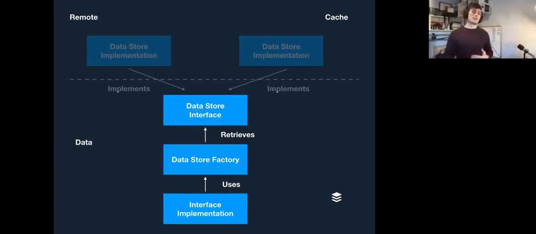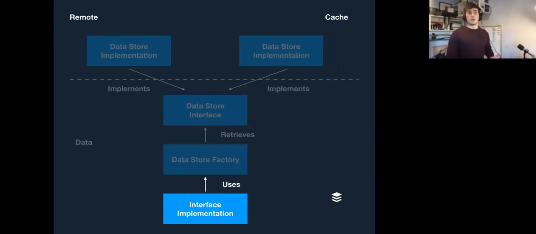So our data store factory is going to return us this interface for our bottom class to use to access a data source, but again, not knowing where that data is coming from, which is where we have either the caching layer or the remote layer. And again, the class at the bottom here doesn't know the source of that data because it's interacting via an interface. And that theme is something that's encouraged throughout each layer of our application.